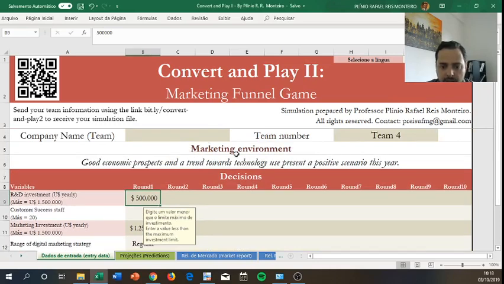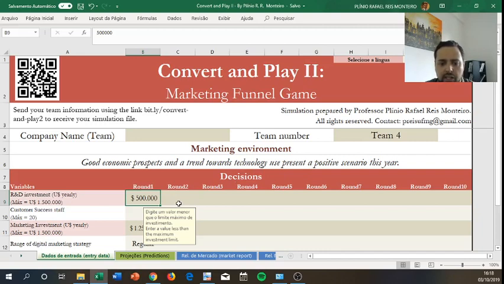Okay, and in the beginning, as you can see here at the top of the app, you have the information about the marketing environment. So your marketing information system tells you that you have good economic prospects and a trend towards technology use, which present a positive scenario this year. So you're entering a very good scenario.